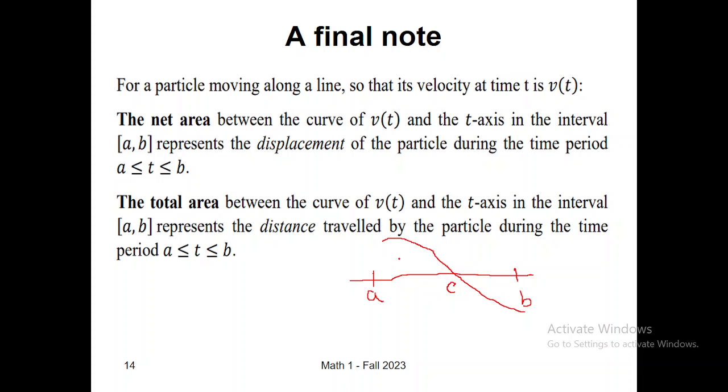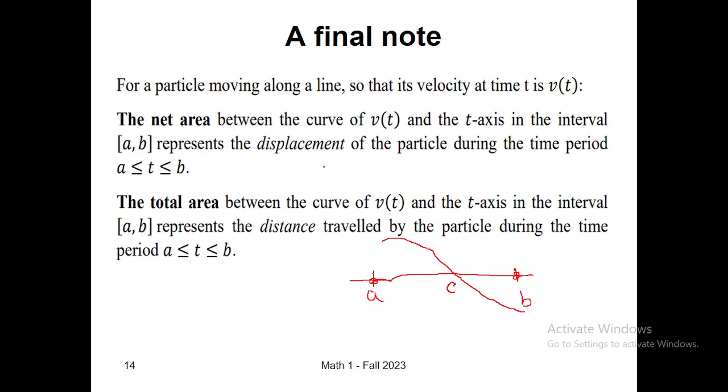It represents displacement in some specific direction, and the integration from c to b will be negative, representing displacement in the other direction. So if you make a single integral from a up to b, actually you are calculating the displacement, adding these two results, taking sign into consideration. This positive displacement and this negative displacement, you add both.